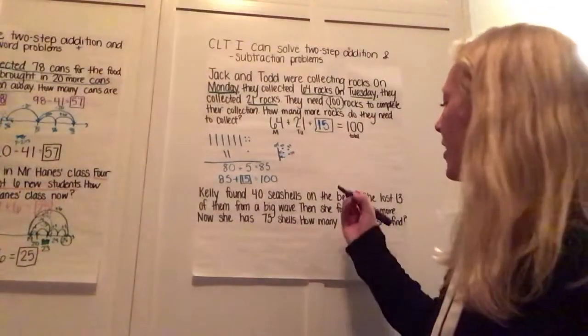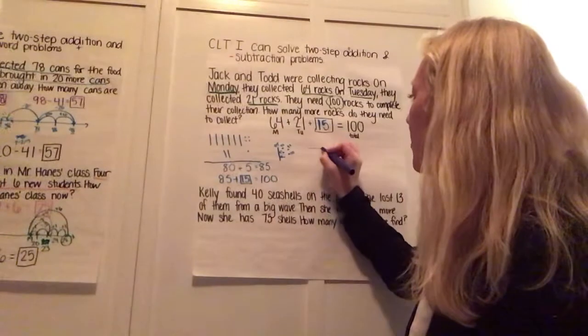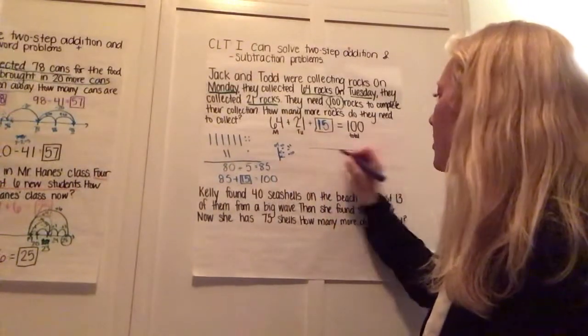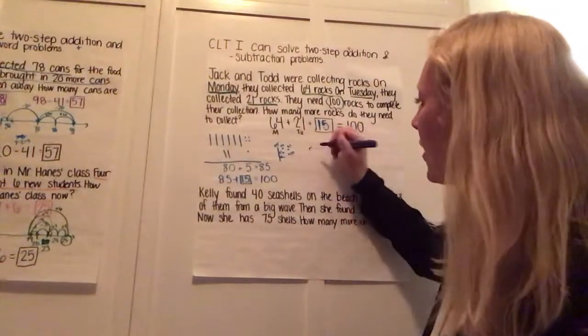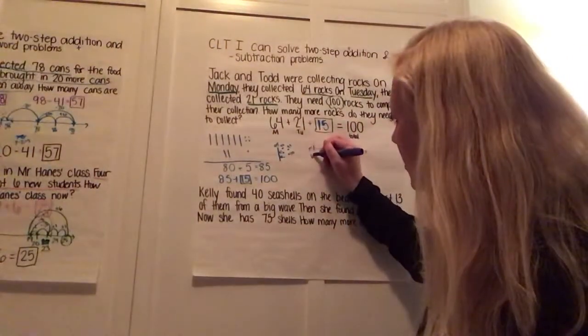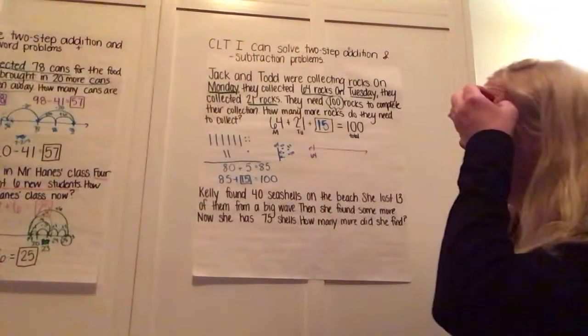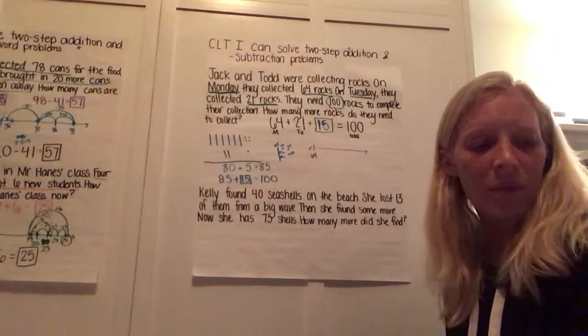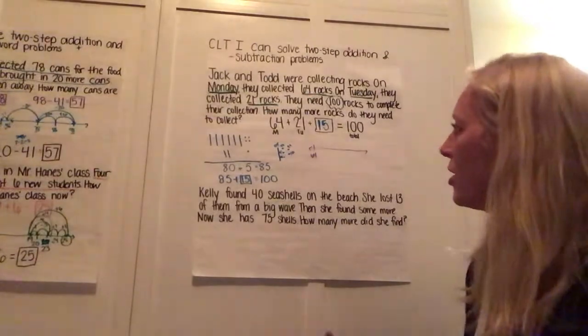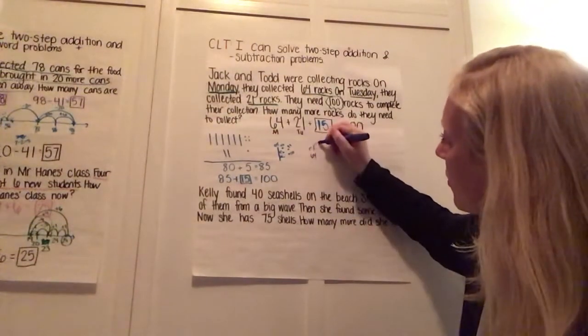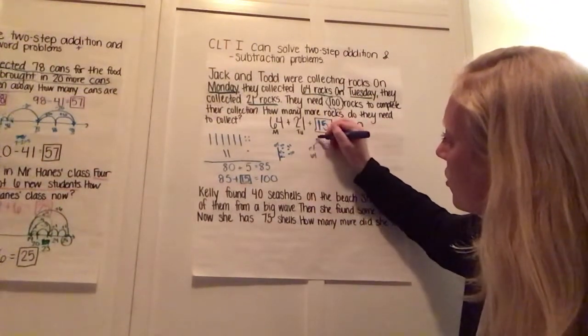My number line, friends. We love this number line. It's such a great tool for us. Okay. All right. Where did you start on this number line? 64. Okay, and why 64? First step, okay? So Monday we collected 64. Then what are you going to do? 2 jumps of 10.